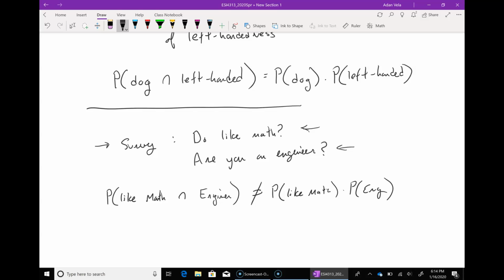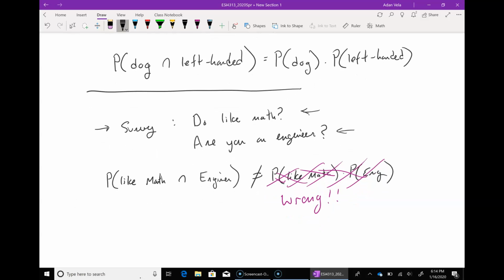This is not correct, so don't ever do that. Wrong. Okay? These are clearly related to each other.